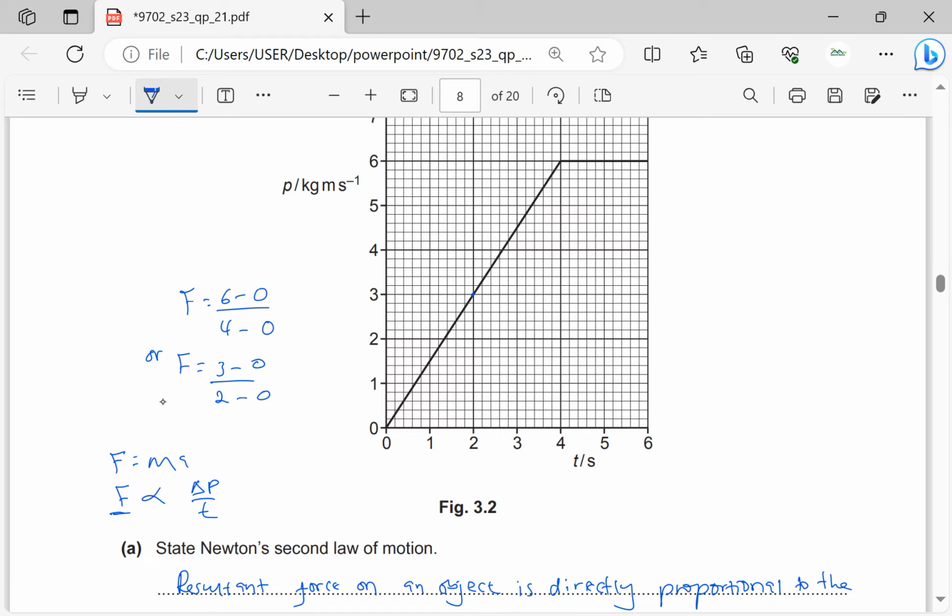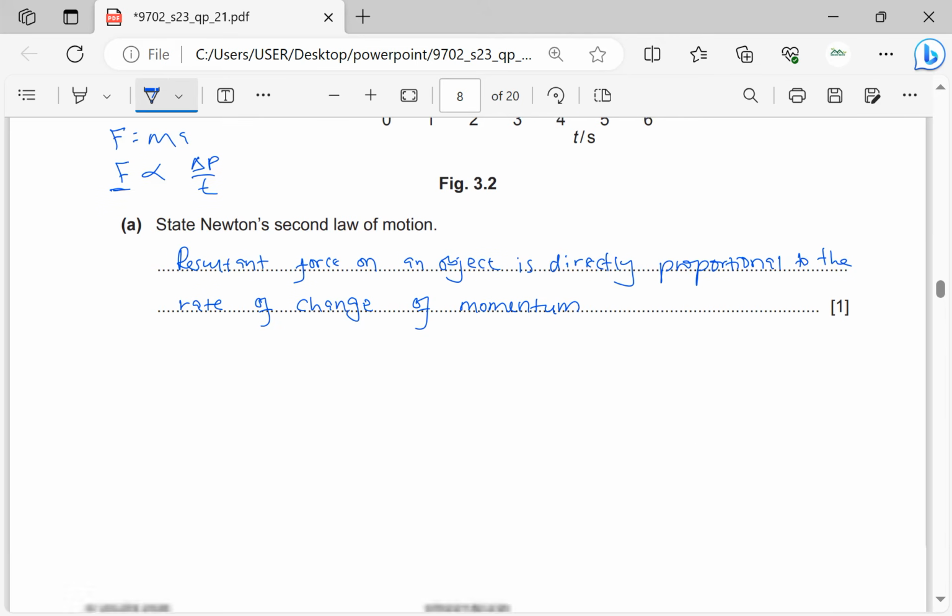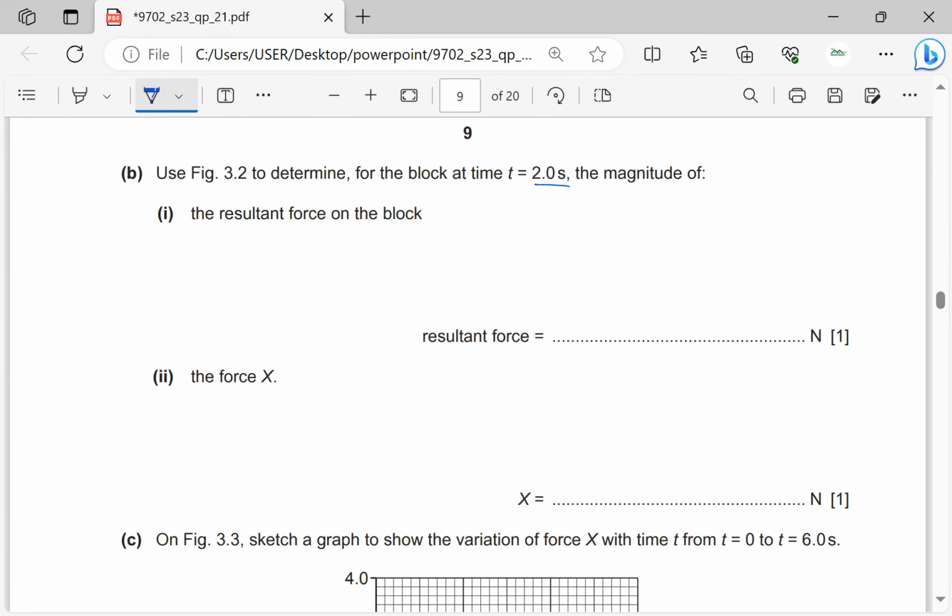Somebody will also choose to use another pair of points, say 6 and 3. So the force can be 6 minus 3 divided by time, 4 minus 2. You get the same thing. So force equals the rate of change of momentum. I'll just take a simple value, 6 minus 0 over 4 minus 0.